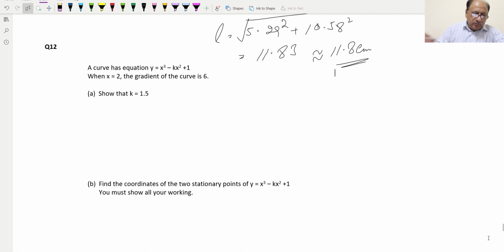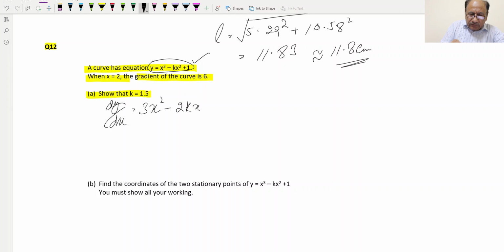Now question number 12. Question number 12 says a curve has this equation, and when x is equal to 2, the gradient of the curve is 6. Show that k is equal to this. Gradient of the curve means dy over dx, which we can differentiate, so it will be 3x squared minus 2kx.